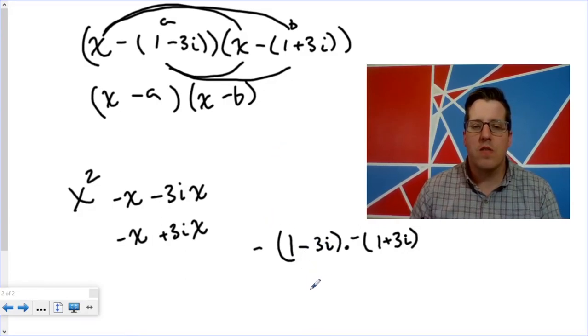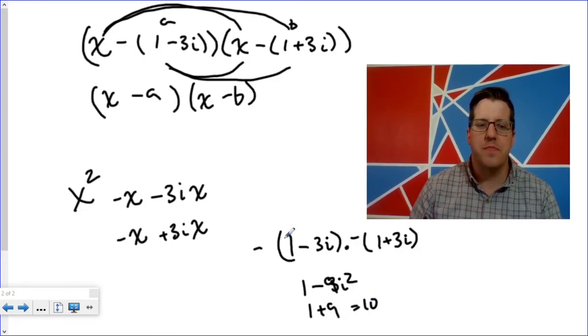Well, that would give us 1 minus 3i squared, or 1 minus 9i squared, or 1 plus 9, or 10.